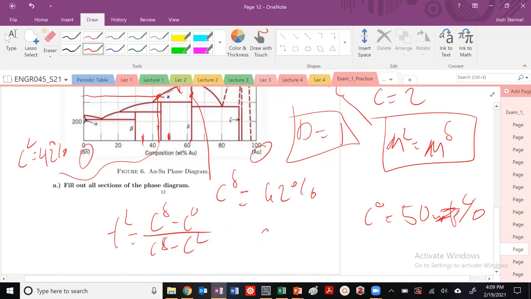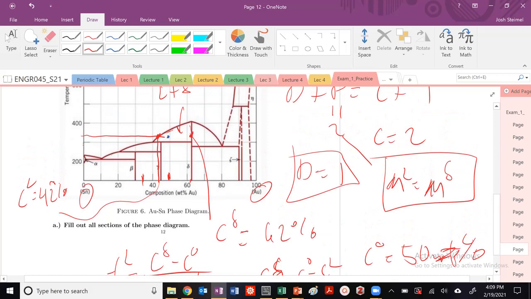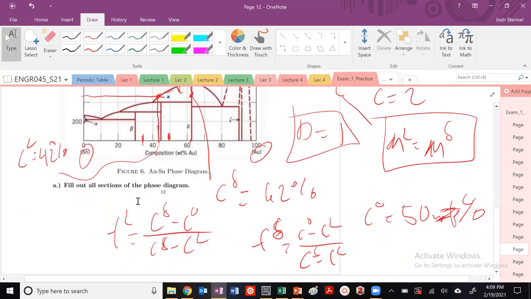The fraction of the solid, or delta, is C naught minus the concentration of my liquid, divided by C delta minus Cl. At 50 weight percent, we're closer to the liquid.